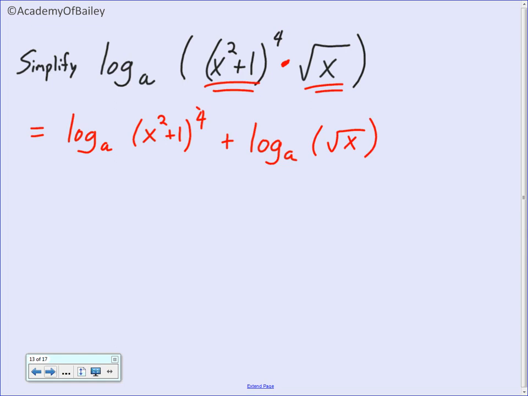Well, we can shift this to the front to get 4 log base a of x squared plus 1.